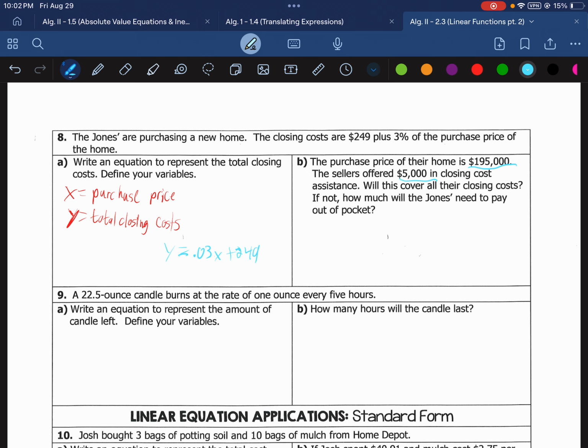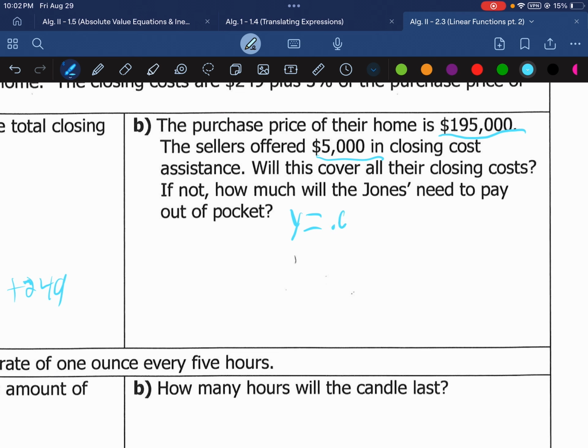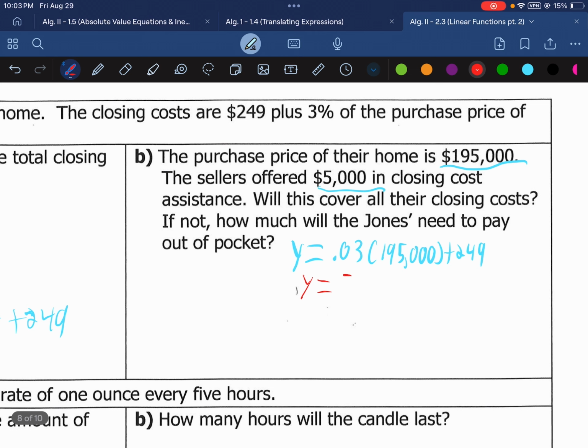So what we need to do is we need to plug $195,000 into the equation for X, the purchase price. So we'll have Y equals 0.03 times 195,000 plus 249. And as we start solving this one, 3% of 195,000 is 5,850.